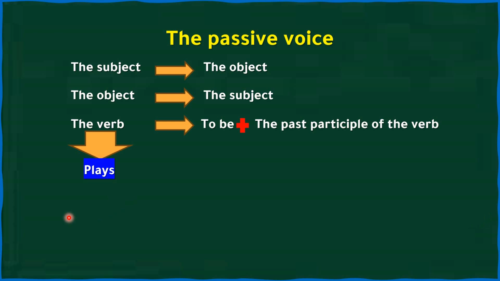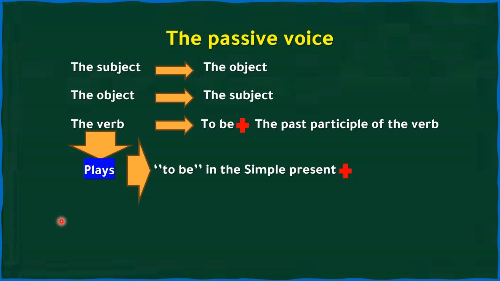Automatically is, to be in the simple present. Plus the past participle of the main verb play, which is played.